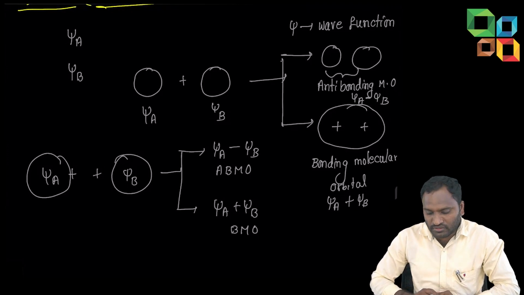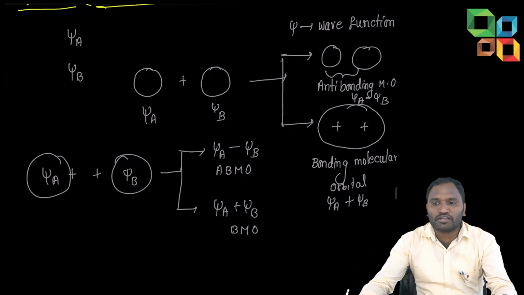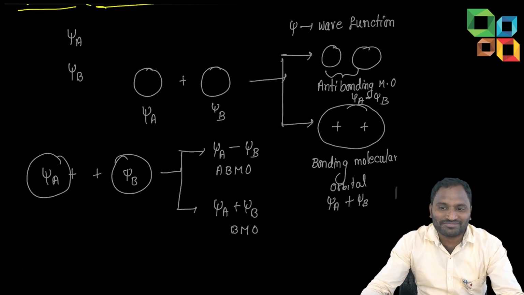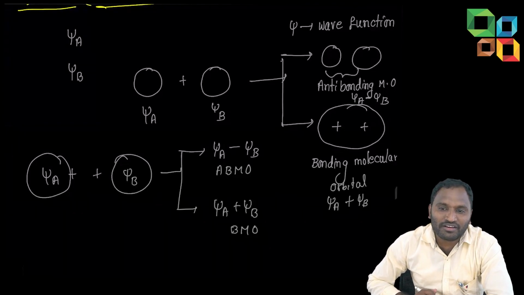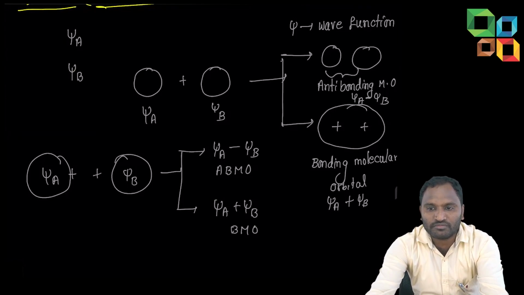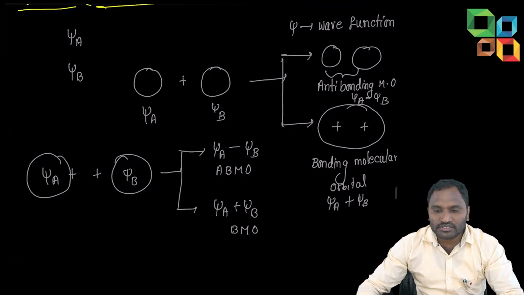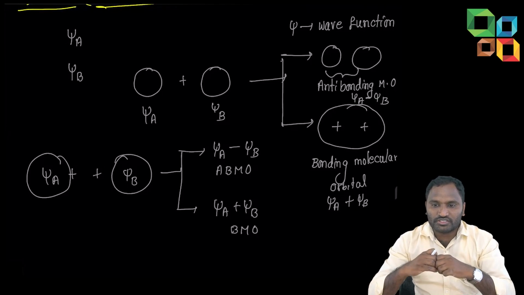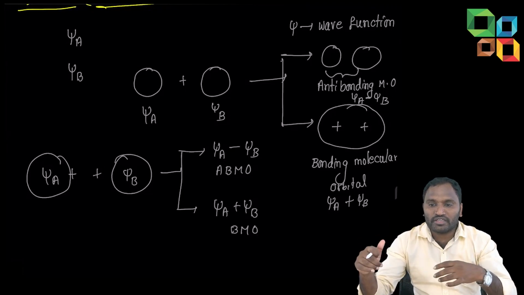Now, which will have less energy? Anti-bonding molecular orbitals have more energy. The reason is they are repelling each other, so in that repulsion they go to a higher energy state.